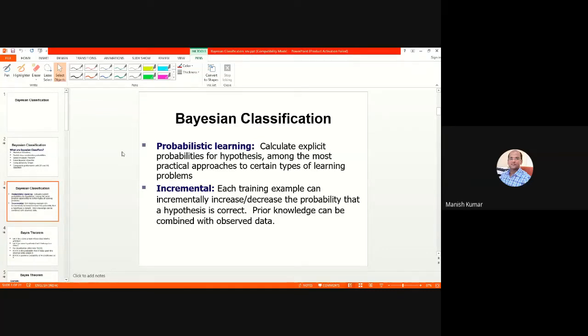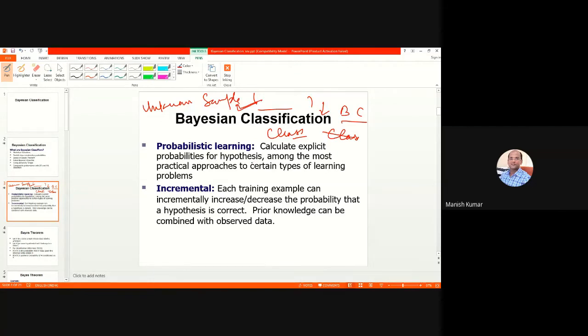What we are doing is this: suppose some unknown sample is there, and using Bayesian classification you predict the class of this particular sample. Once the class is known, this unknown sample becomes a part of the training data.